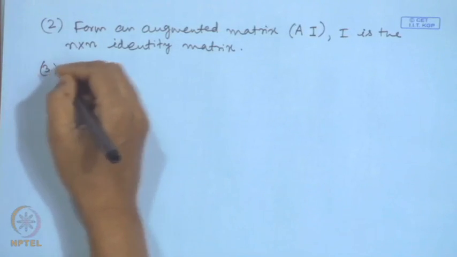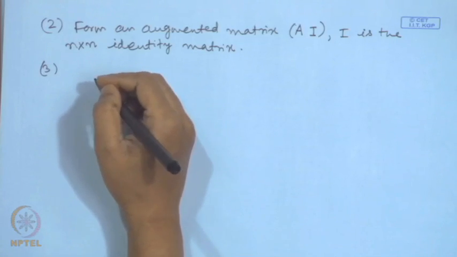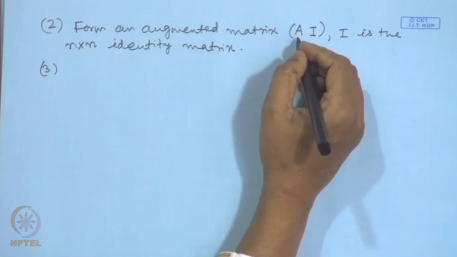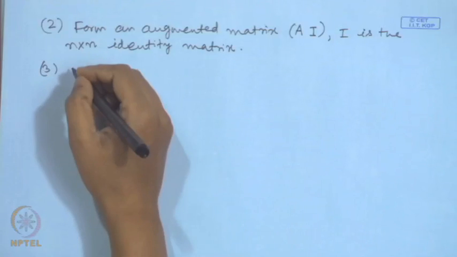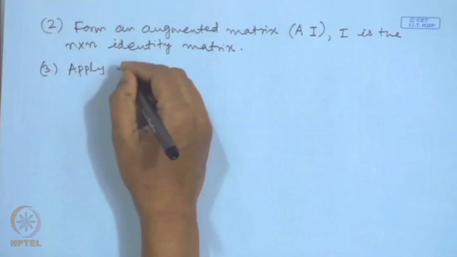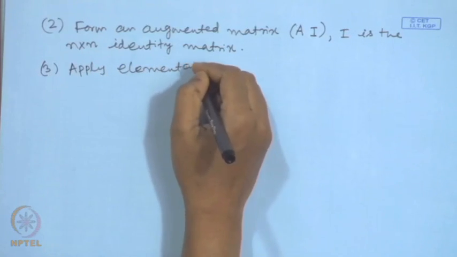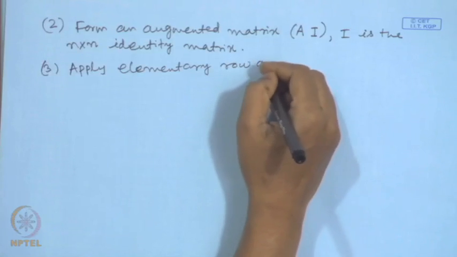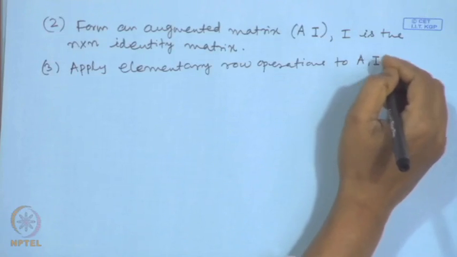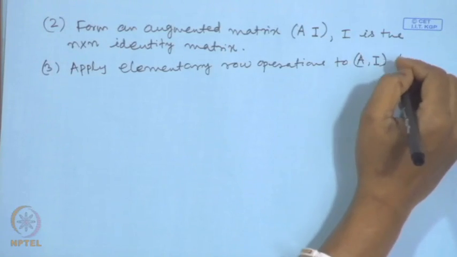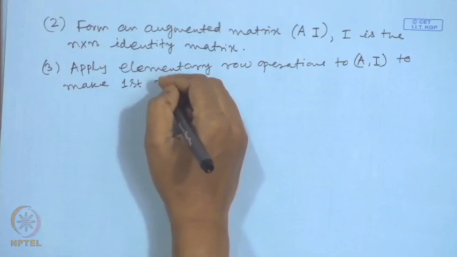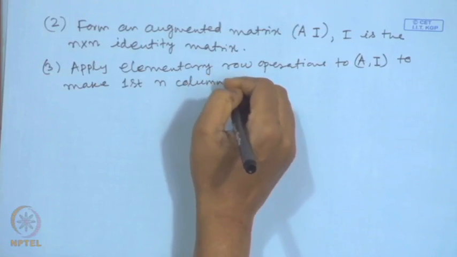The third step is that we apply elementary row operations to this augmented matrix [A | I] to make the first n columns upper triangular.